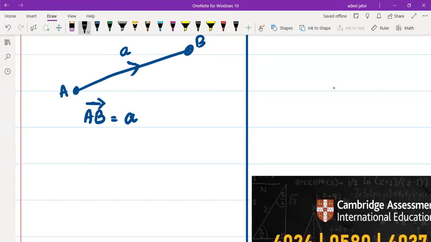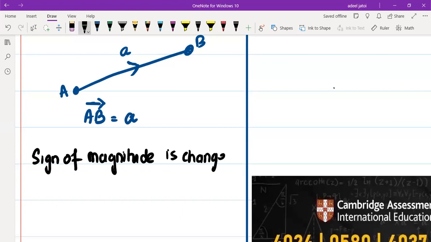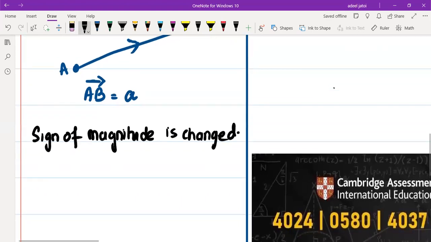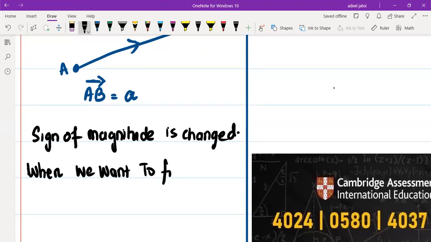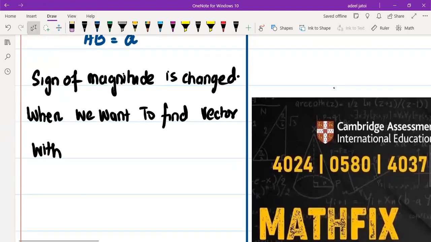The sign of magnitude is changed when we want to find the vector with opposite direction.